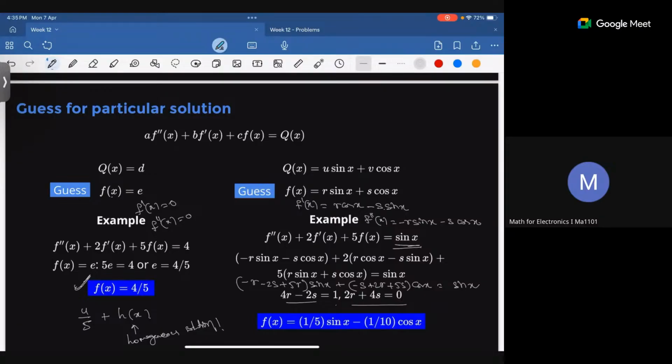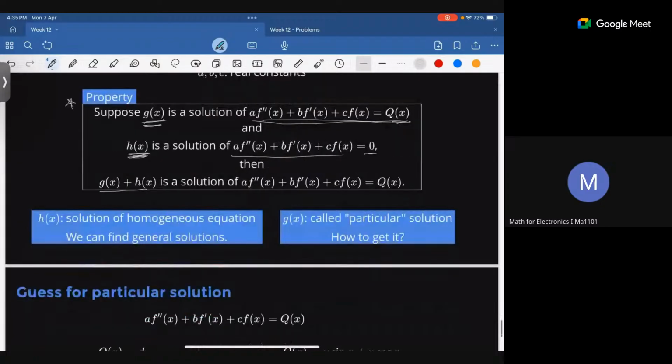You will get r to be 1 by 5 and s to be minus 1 by 10. You just have to substitute them, and this is the particular solution. Don't forget, you have to add the homogeneous solution to this also for the general solution.